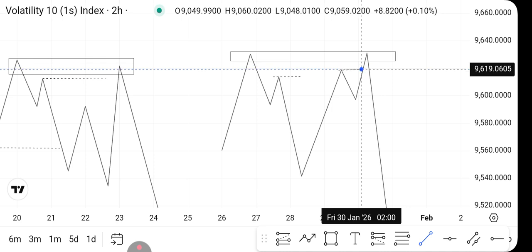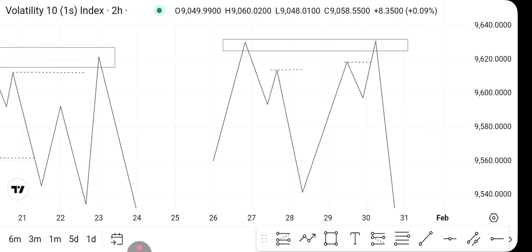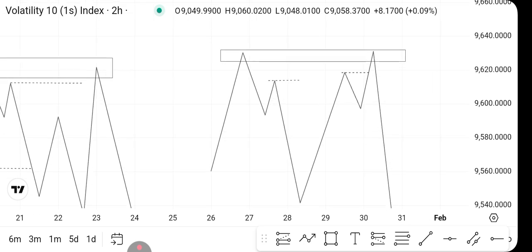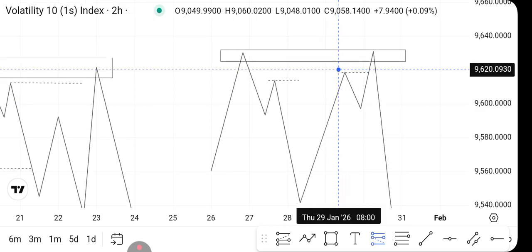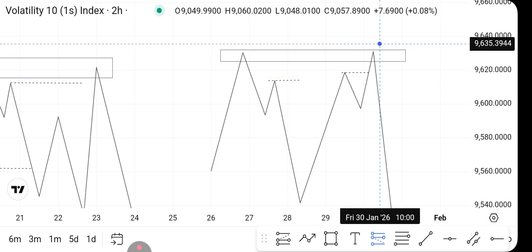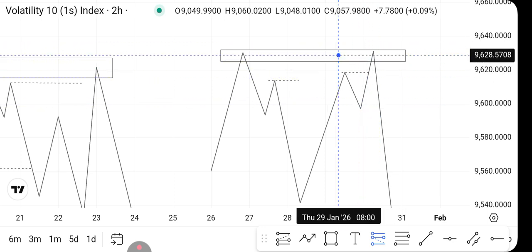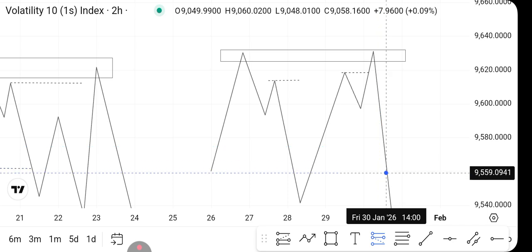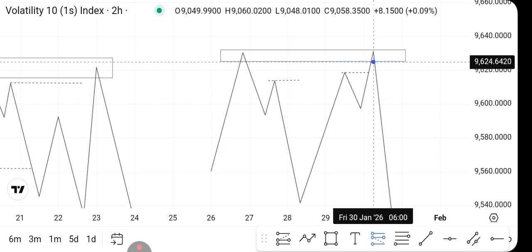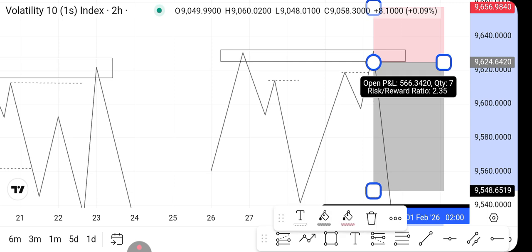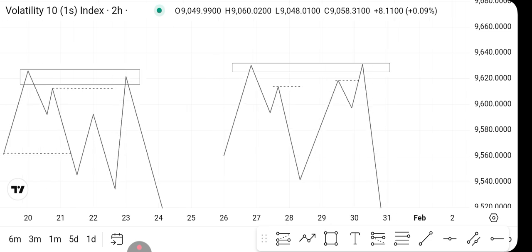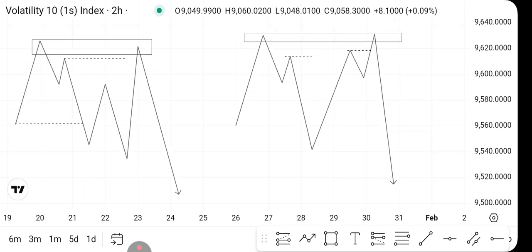Why I call it the sweep is that price will sweep the engineered liquidity. Look at how it swept it into the origin and then started coming back. That's what it does. That's why I call it an immediate sweep, before it starts dropping.